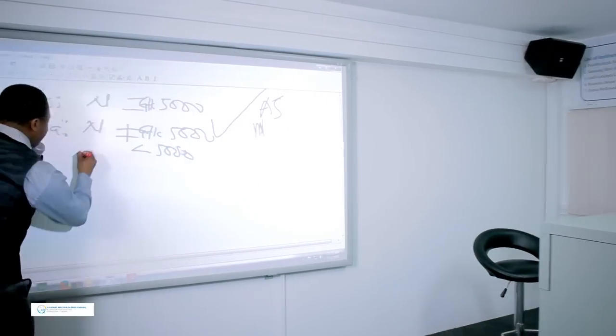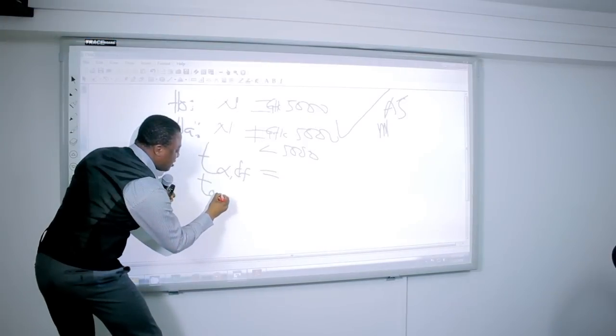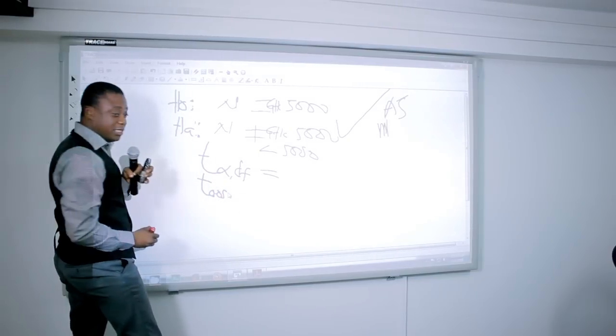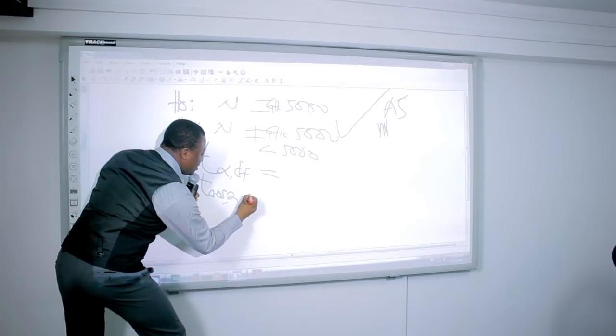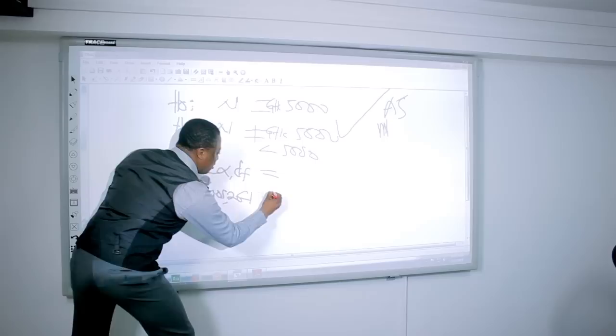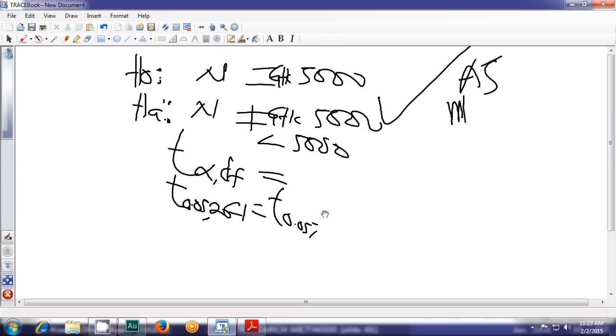You write T subscript alpha, subscript degrees of freedom, and then you put the answer down, which is T subscript 0.05, which is alpha, comma degrees of freedom is n minus 1, which is 26 minus 1. Which is T subscript 0.05, comma 25. Let me rewrite it properly.